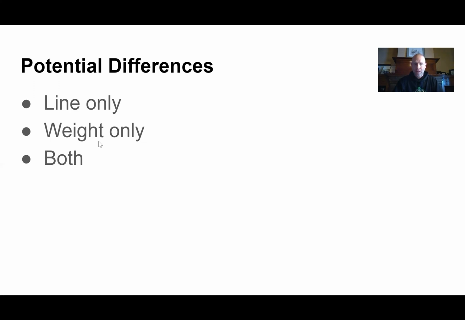And so those would be the line only differences. The weight only could obviously be slow or fast, really two differences there. So, not traveling as far with the same speed of throw, or traveling further than you expect.